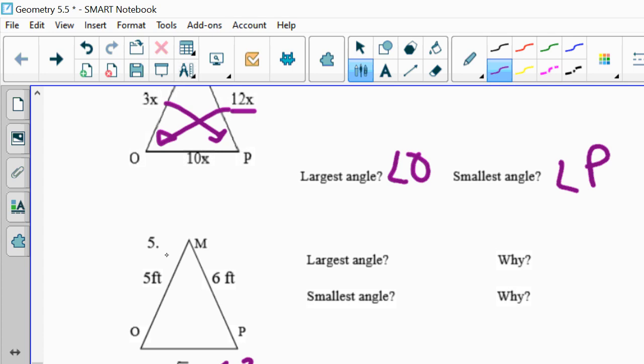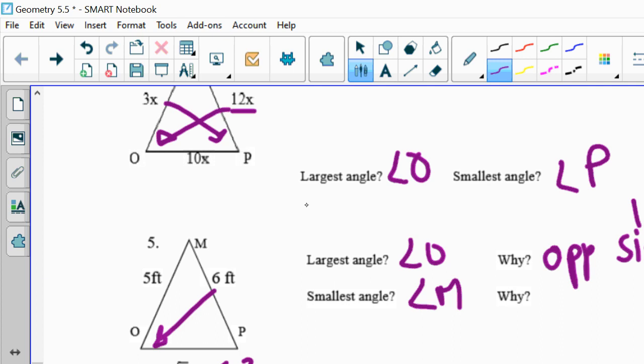Because since this is less than 3, so the largest angle across from the longest side, so that's going to be angle O. And again, it's across from the opposite side. Opposite the longest side, which is 6. The smallest angle, well, this has to be smaller. If this is less than 3, it has to be the smallest. So the smallest angle would be angle M because it's opposite the shortest side.